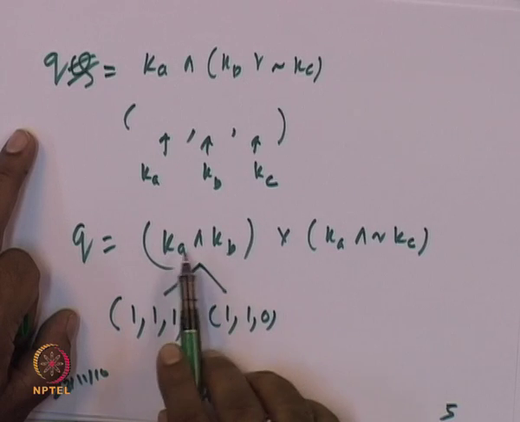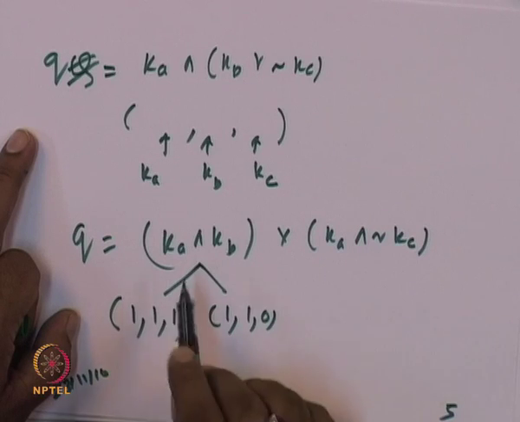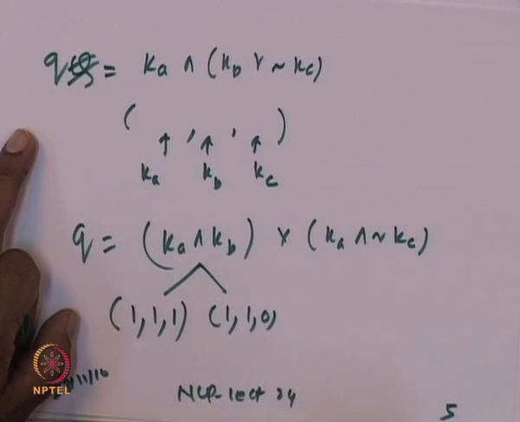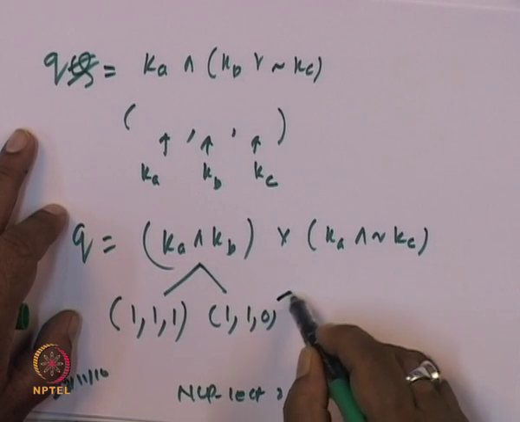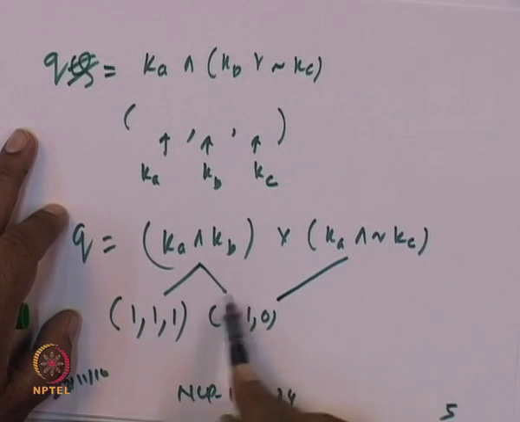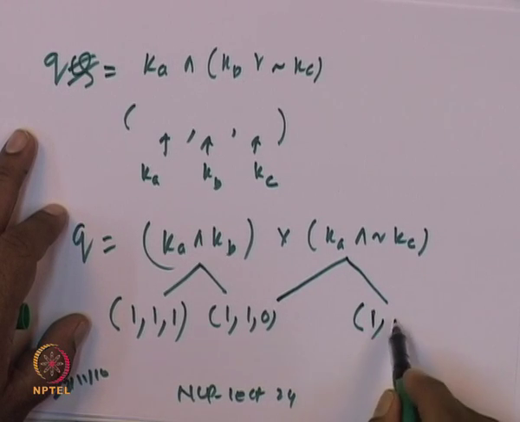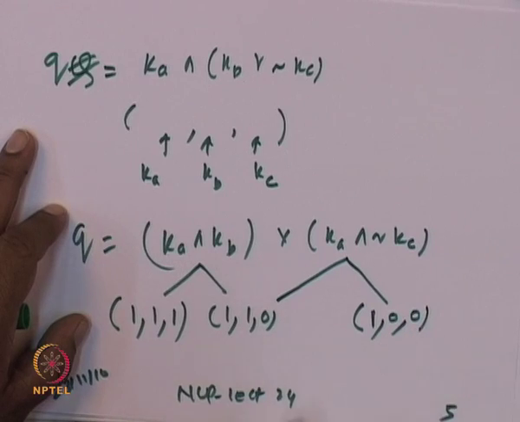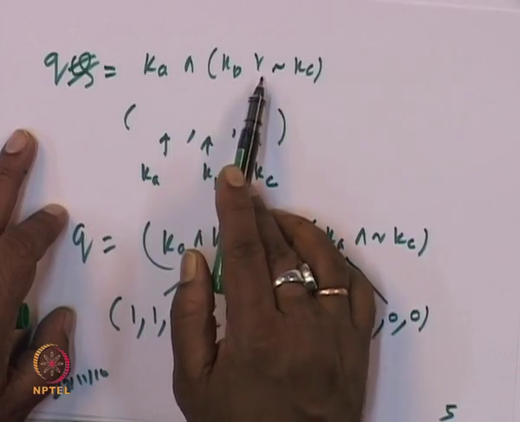So, this is equivalent to k A and k B and k C, or k A and k B and not k C. So, k A and k B and k C, k A and k B and not k C, and similarly this will be either k A, k B, not k C, which is expressed by this, or it is k A, not k B, not k C. Okay. So, these three vectors are obtained from the query k A and k B or not k C.